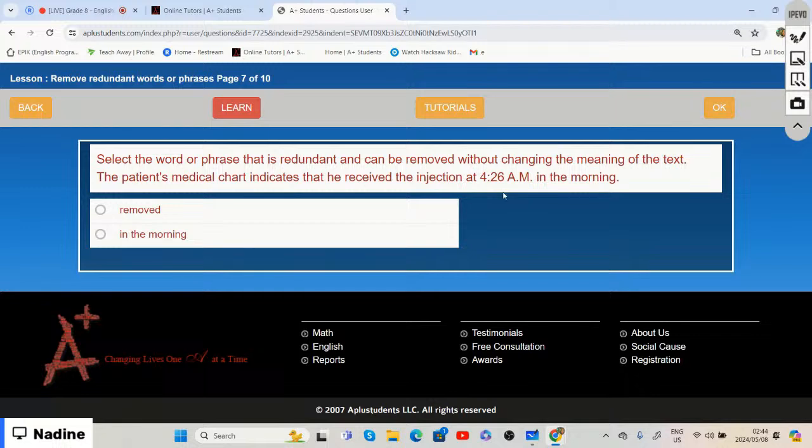And once again, 4:26 a.m., right? It is already in the morning. Unless they just said 4:26 without putting AM, then we could have decided if it is AM or if it's PM, right? But when they say 4:26 AM, remember AM already means that it is in the morning. PM will either tell us that it is in the afternoon or in the evening.